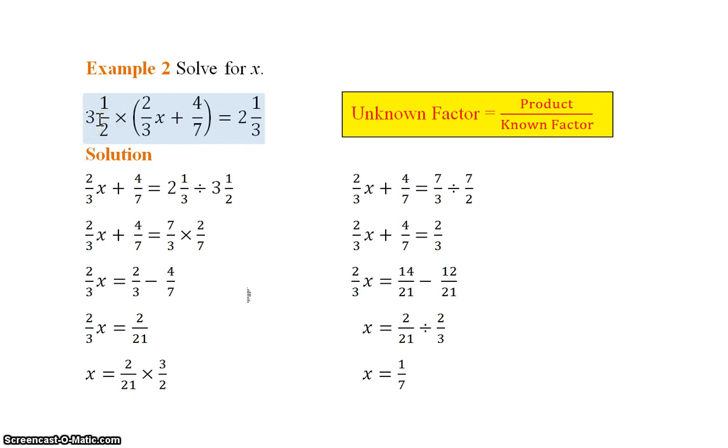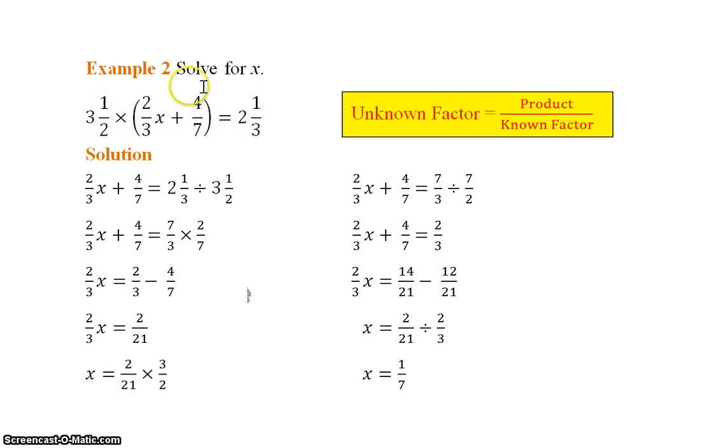The first factor is 3½ and the second factor is (2/3 x plus 4/7). The second factor is the unknown factor because it contains the unknown variable x. 2 1/3 is the product of these two factors.